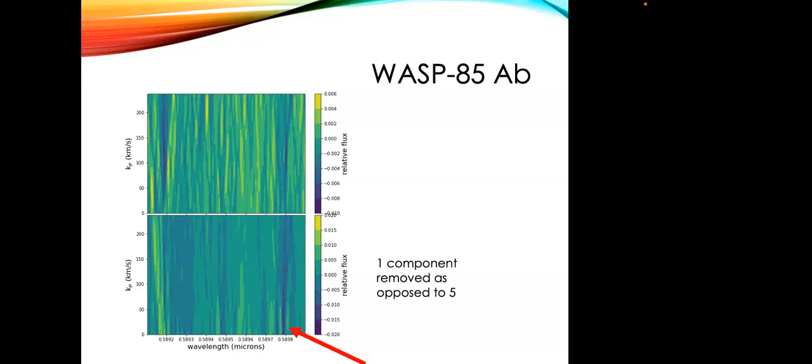I should note that we have 2 transits of this, and we see the sodium in both transits. I've done this with SVD, and my collaborator Adam has done this with Molecfit, a completely different method, and we both see the sodium. So despite the stellar activity, we're fairly confident that this signal is from the planet, or at least mostly from the planet.